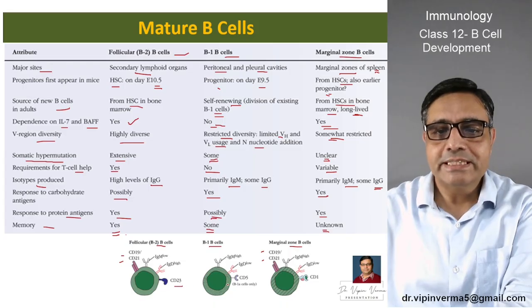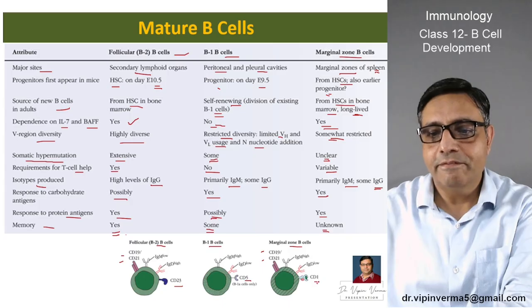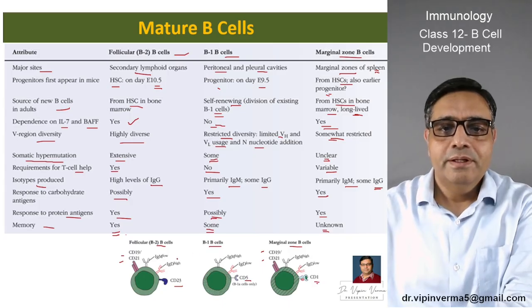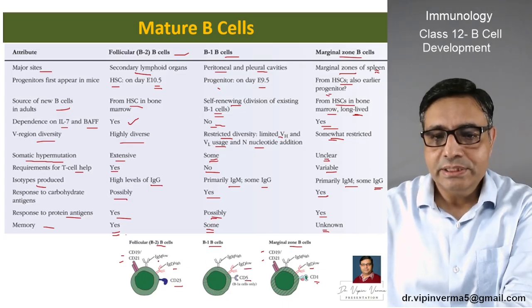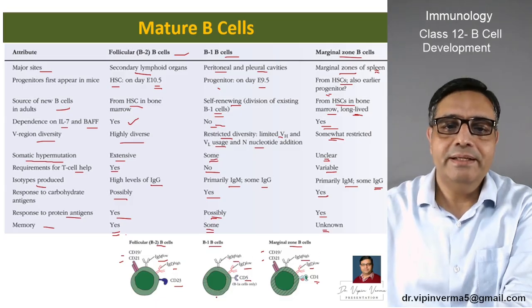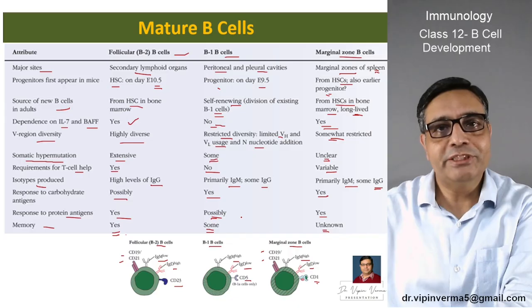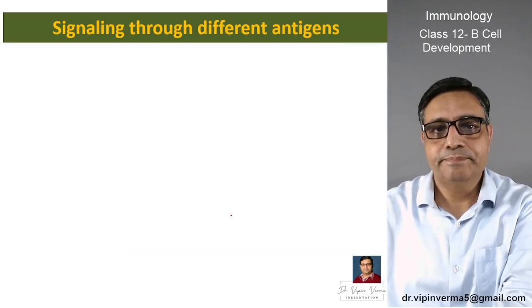CD25 is absent in both, and here we have CD5 in the B1 B cells, and in the marginal zone B cells we have CD1, right? And these are IgD: low, IgD high, and IgM: low, IgM high, and IgM high. So you can use this diagrammatic representation of these three different types of mature B cells.